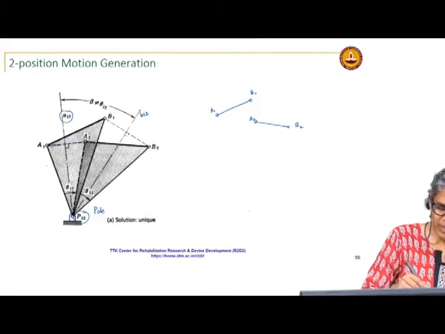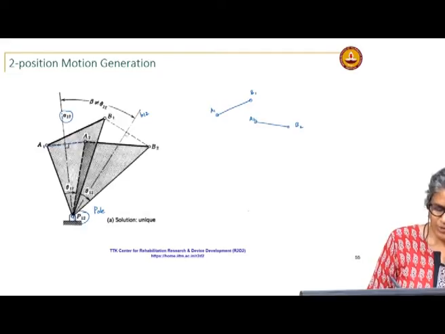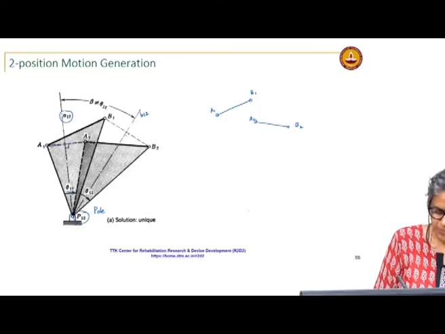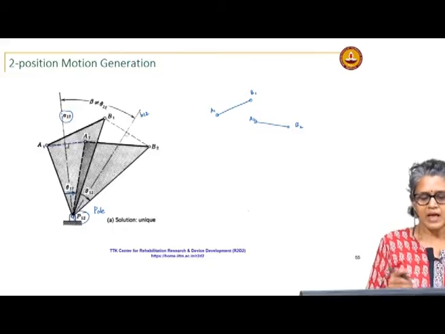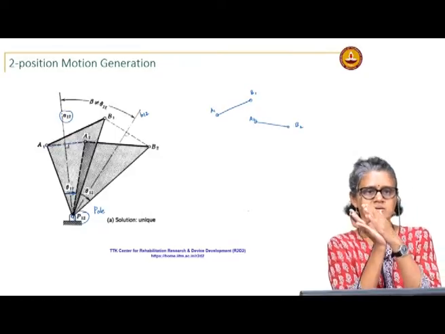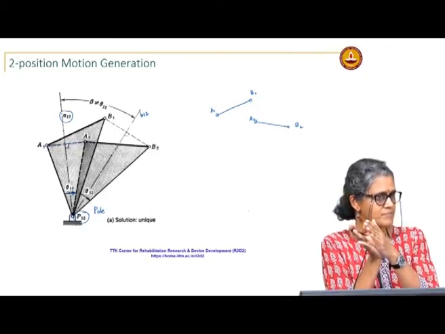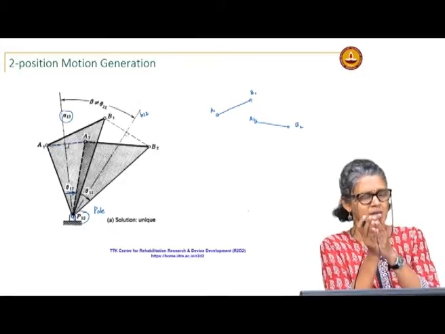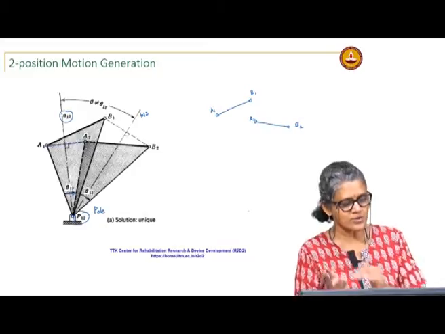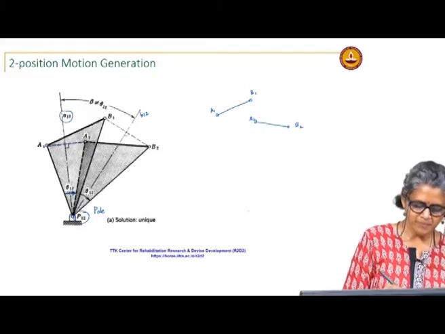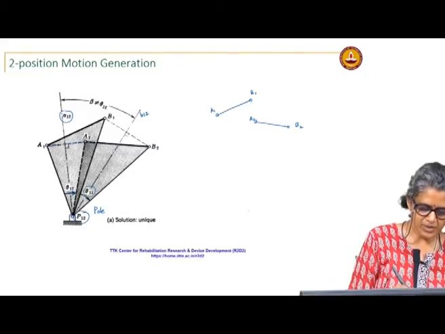P1 to A1 has rotated to P1 to A2 by a certain angle, and any line on this rigid body is going to rotate by the same angle. Okay, I am rotating about a fixed point, so any line on this rigid body is going to rotate by that same angle. So, P1 to B1 also rotates by theta 1 to 2 here.